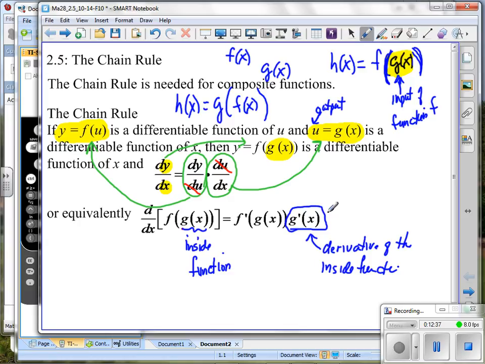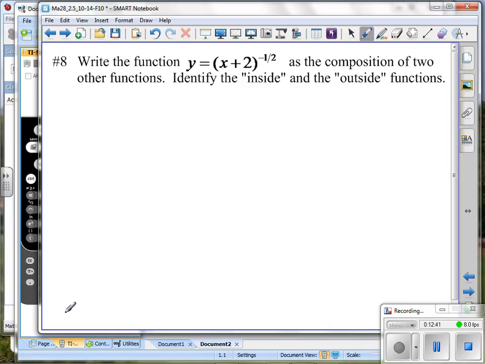Let's see. I'm watching the clock here, let's go to this problem though. The first thing I want to do is, let's write it as the composition of two other functions. Because the key here is, can we see a composite function? If you can't see a composite function, it's a little harder to do this work.